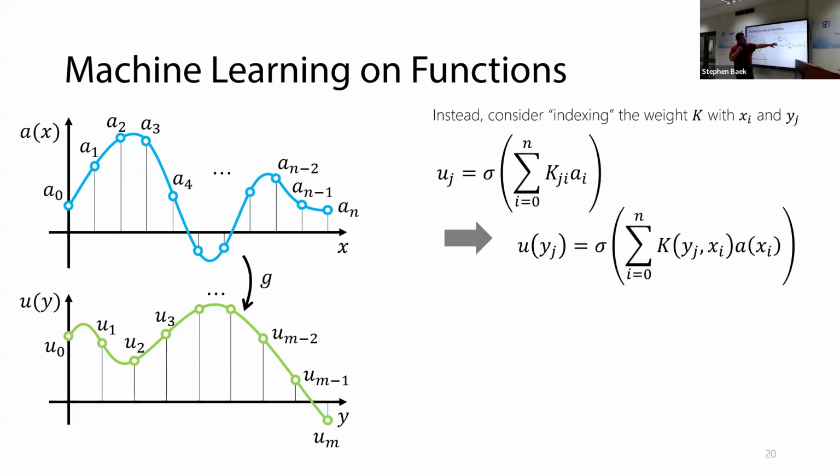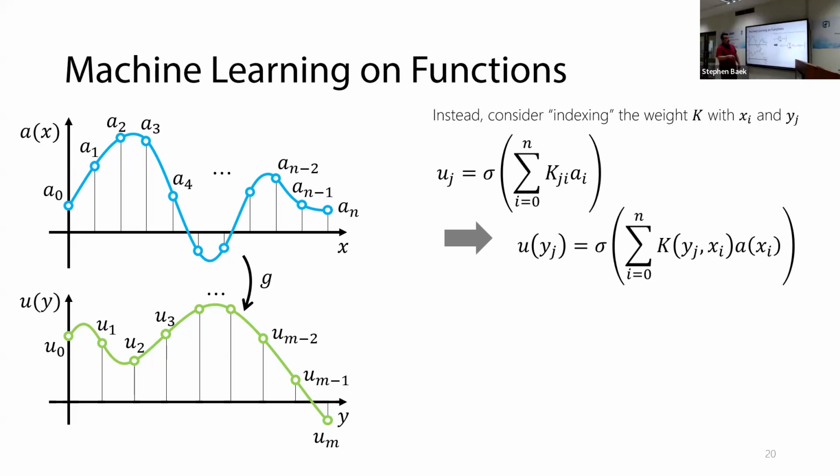Now, instead of that discrete formulation, we slightly changed the definition of the neural network into a form that contains a continuous kernel. This kernel is kind of like a function that takes the value of x_i and the value of y_j, and then spits out some adequate weight value k as an output.